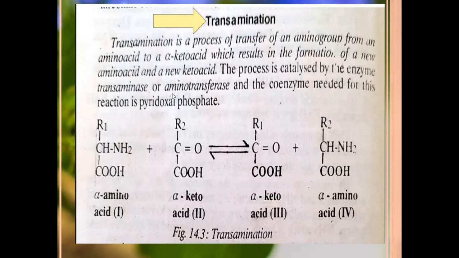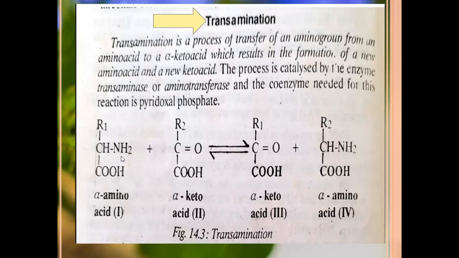Transamination is catalyzed by transaminase or aminotransferase enzyme. For this process, a coenzyme is also needed, that is pyridoxal phosphate. See in this diagram, it is one amino acid, an alpha amino acid.